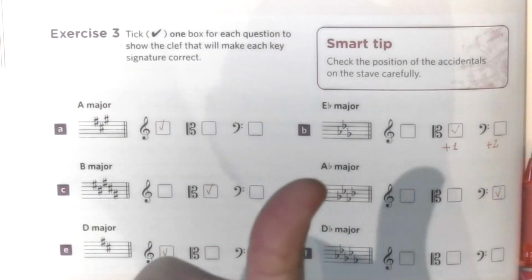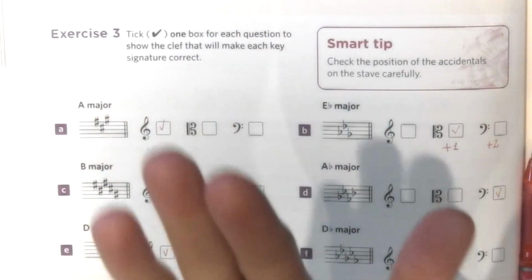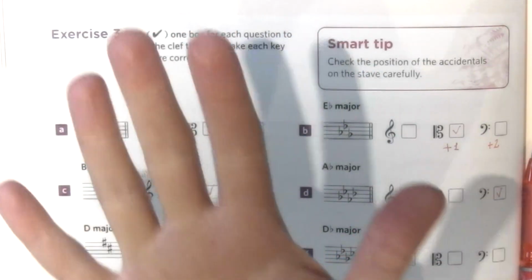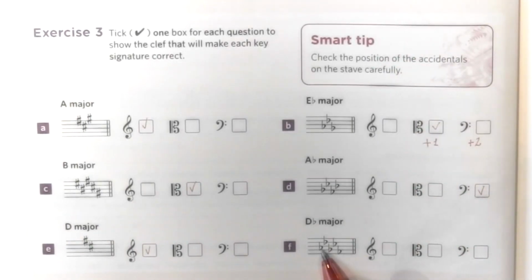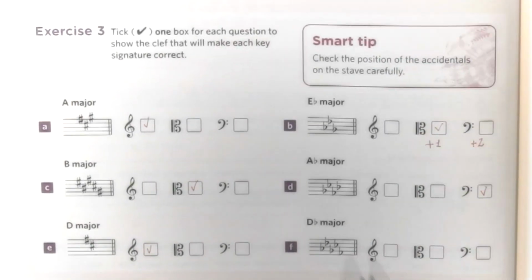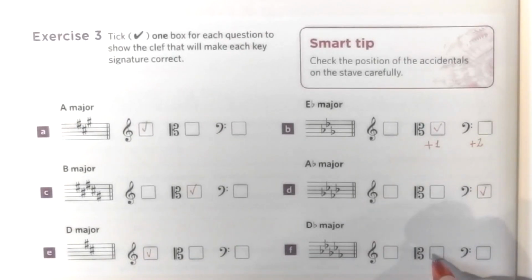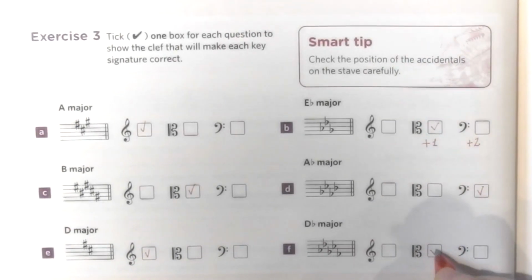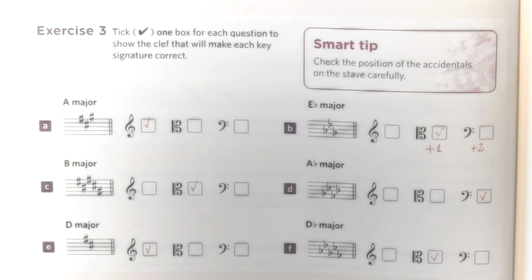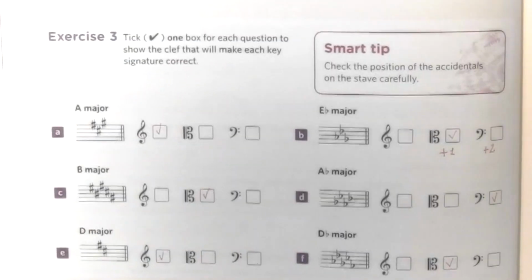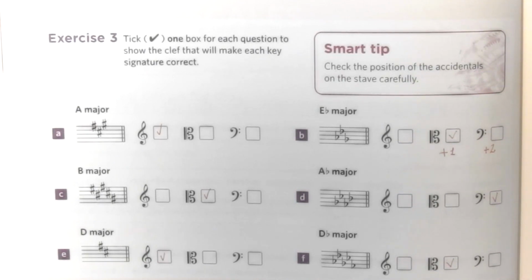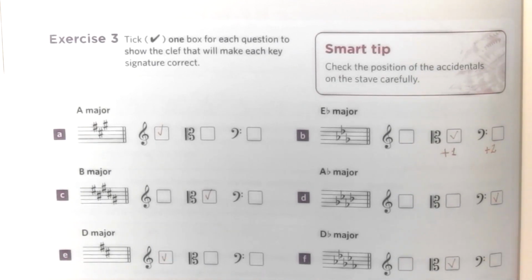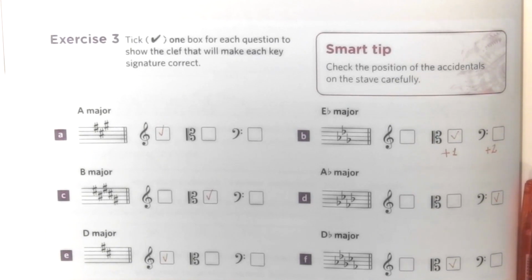So Si, Mi, La, Re, Sol. 5 flats. This note here is -1, the treble clef. So to read it B is +1. So alto clef. With some maths, this exercise is actually very easy and very fun to do. Don't you think? Let's move on to exercise 4 now.